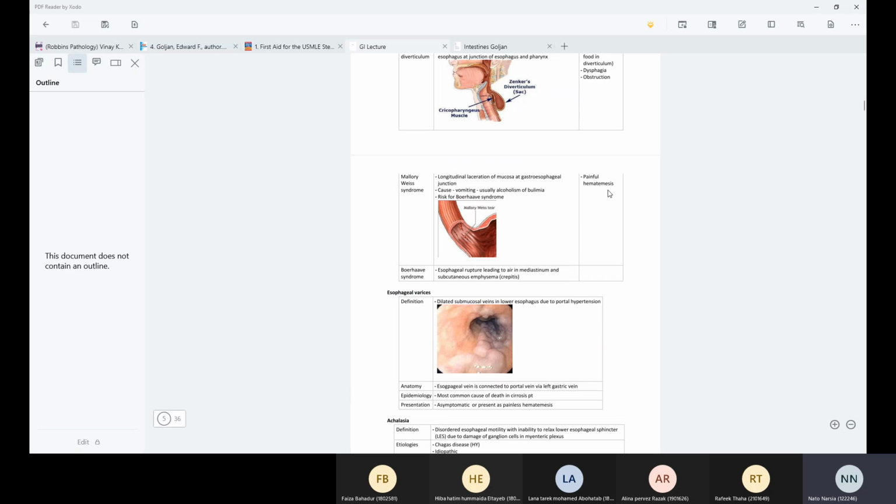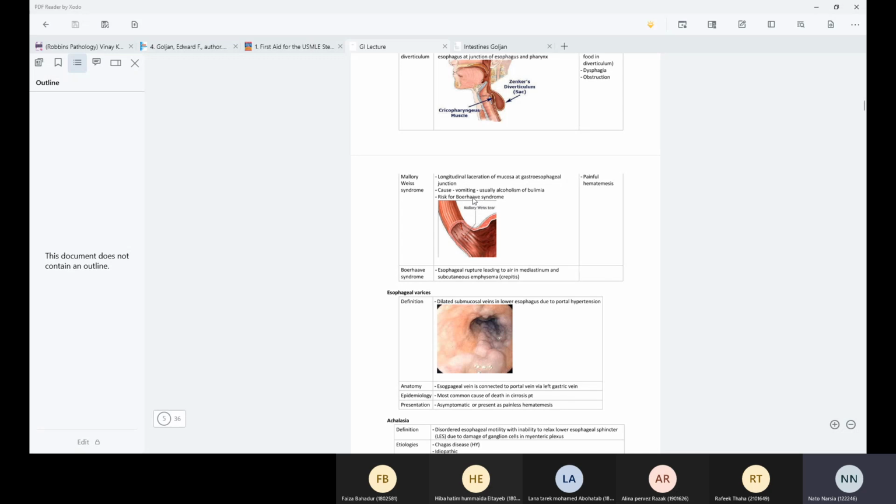If a patient vomits blood, you always observe, is it painful or does he mention any pain? And if it is painful hematemesis and he consumed a lot of alcohol, it's not necessary for the patient to be an alcoholic. If a patient just takes alcohol for a long time, it can lead to this laceration. What happens? Painful hematemesis, just memorize, and risk of Boerhaave syndrome.